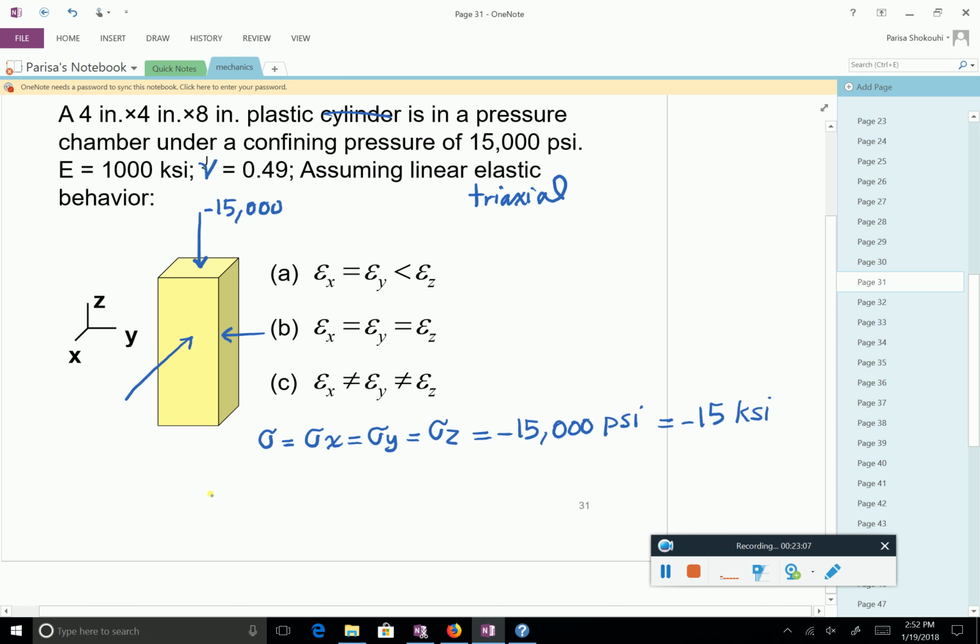Now, you know generalized Hooke's law. Write down the equation for epsilon x, because I want you to calculate the values too in the next slide. And try to see first of all which option here is correct, and second, what is the amount of strain.